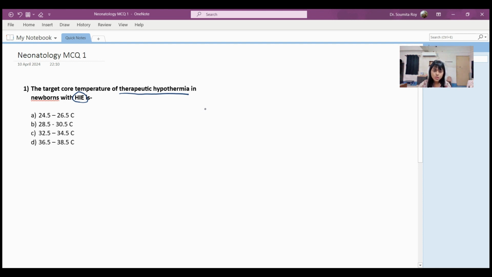Basically, we need to know the inclusion criteria for inducing therapeutic hypothermia in HIE. So, what are they, students? First of all, the post menstrual age of the baby needs to be more than 36 weeks.